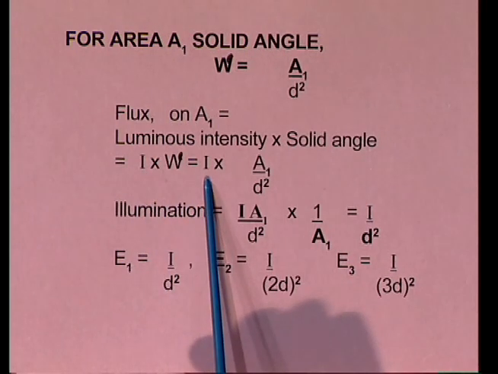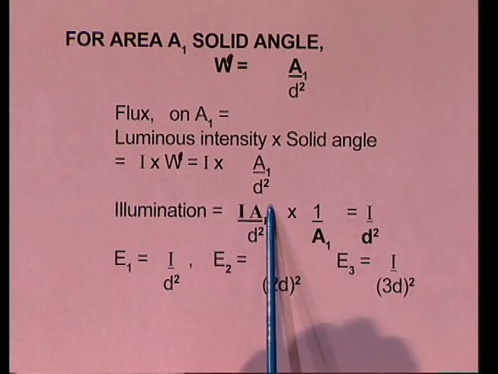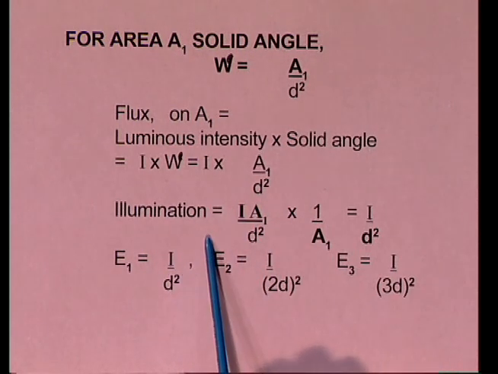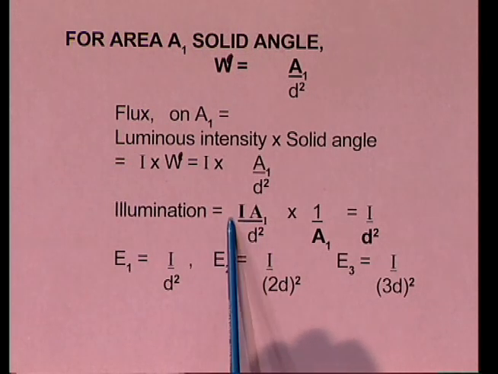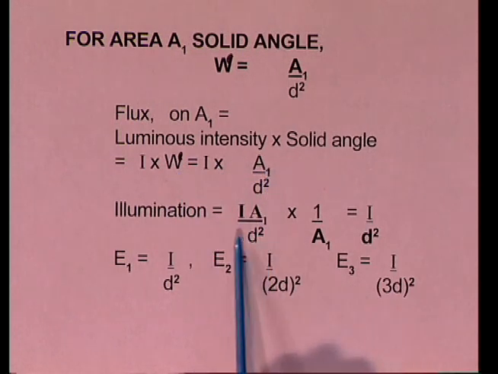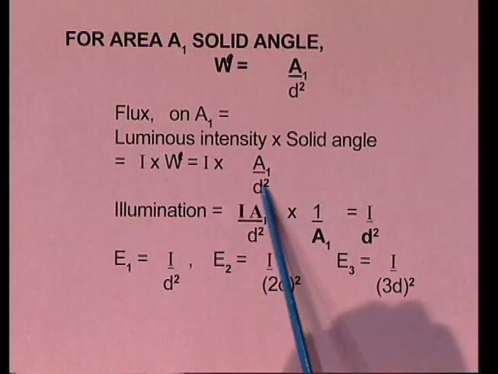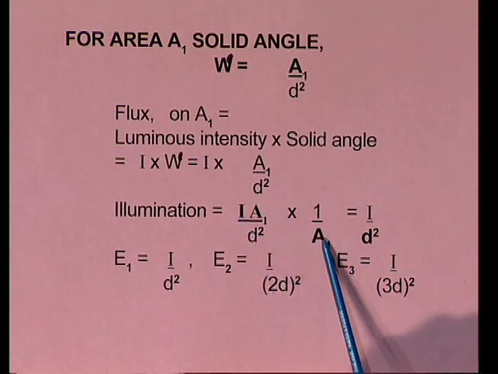So, I into omega is nothing but A1 by d square. So, I into A1 by d square. Illumination is defined as luminous flux per unit area. Therefore, luminous flux is I into A1 by d square, into area is 1 by A1, that equal to I by d square, because A1 cancels here.